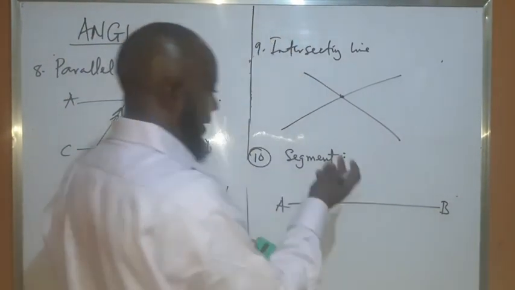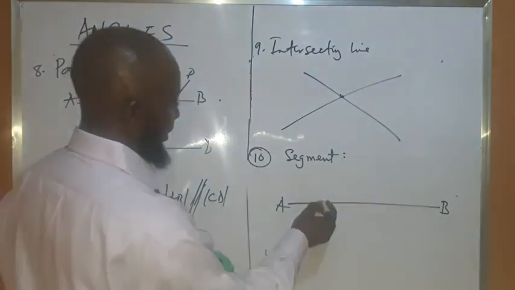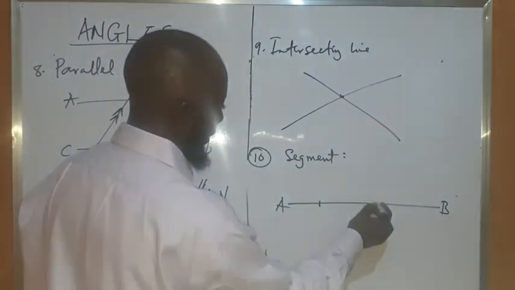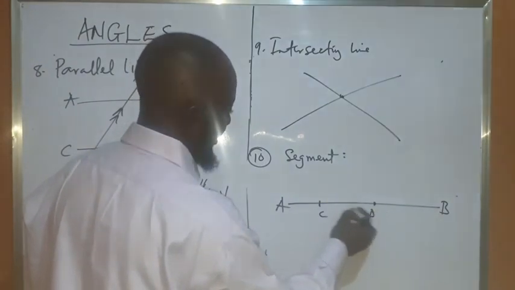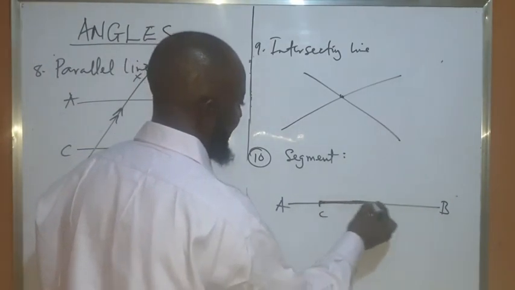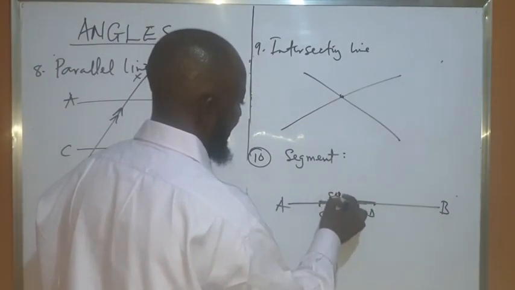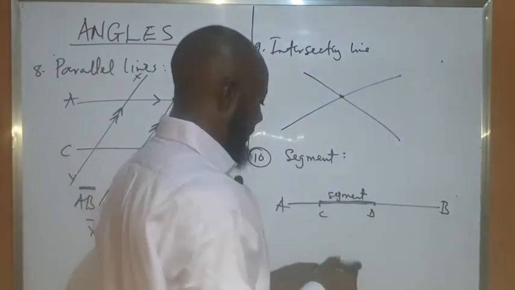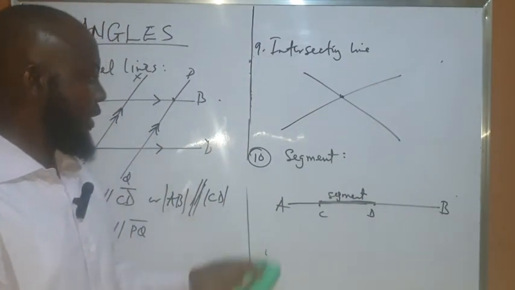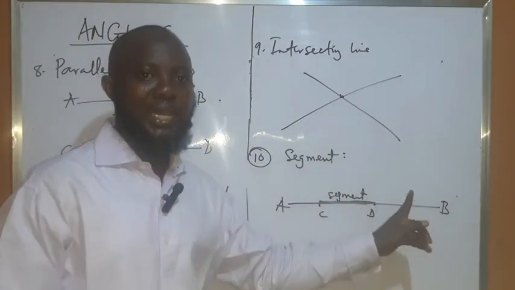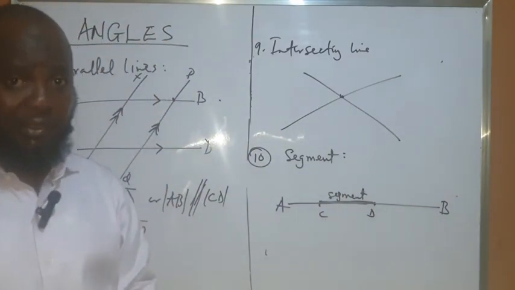Now, how do we bring out a portion from this line? I can just say, okay, from here to here is CD. This CD here is a segment of this line. A part or a portion of a line is what we refer to as a segment.